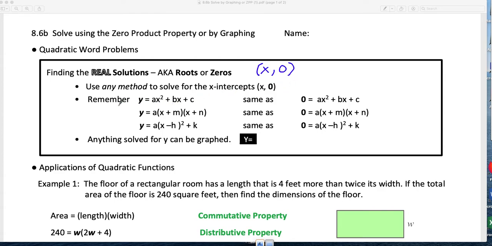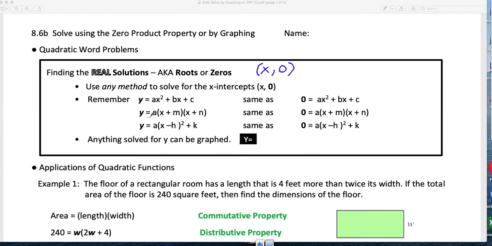All right, now I want you to remember this because this is going to reinforce something about how the calculator works. I have standard form, y is equal to ax squared plus bx plus c. If I am looking for x-intercepts, all of them have a y value of 0. So this y is the same thing as this 0.